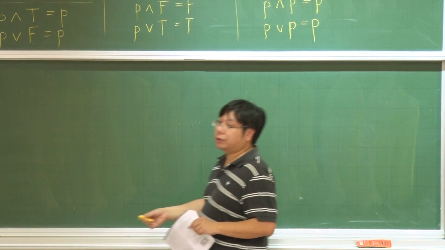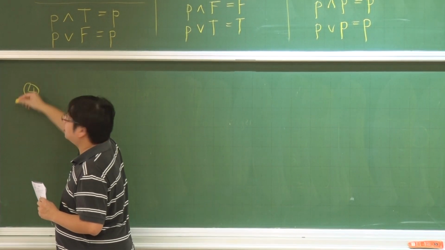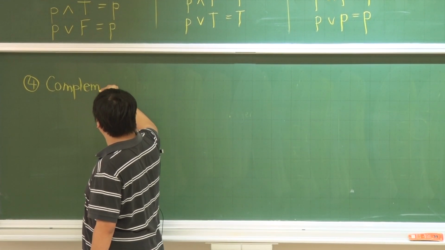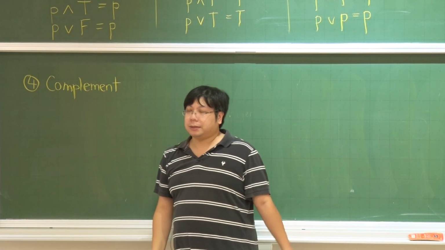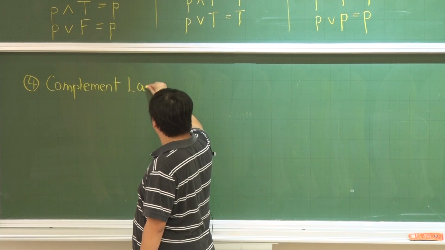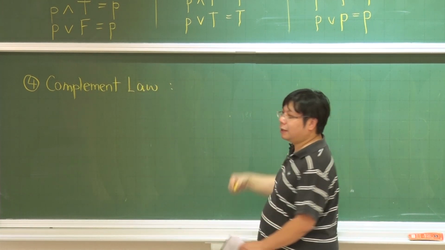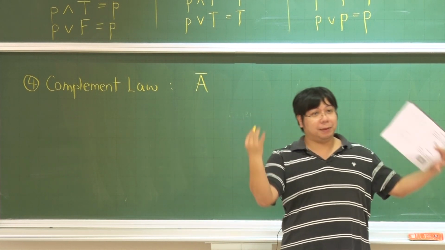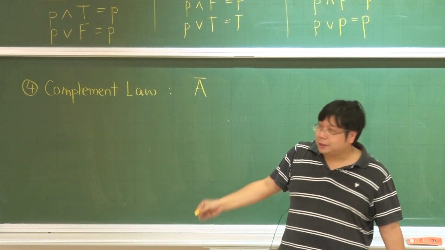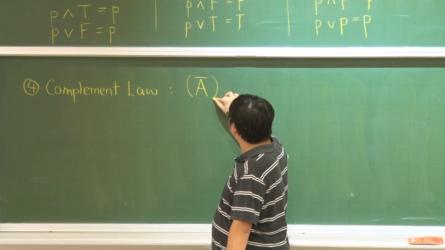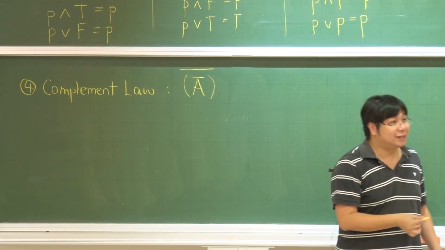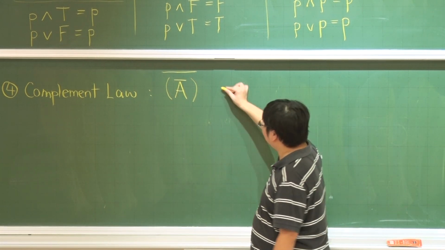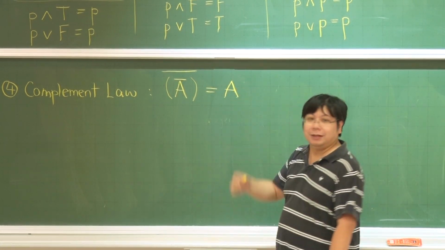And then we also have the complement law. Let me write it in this form: you have an A, and you get the complement. So this is the complement of A. This is another set. Now you take the complement of this set. Then what will we get? You get yourself.